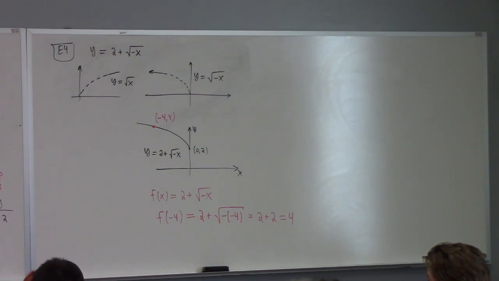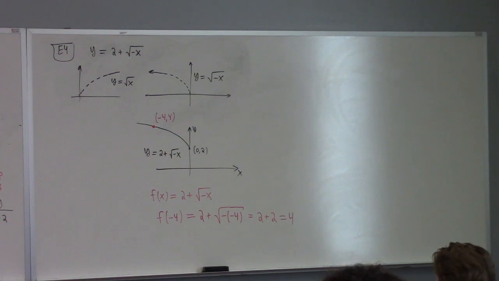That's good. So for graphs, there are three main kinds of symmetry that we generically look for. The words we use for this are even function, odd function, and also symmetric about the origin. Let me give you a careful definition.